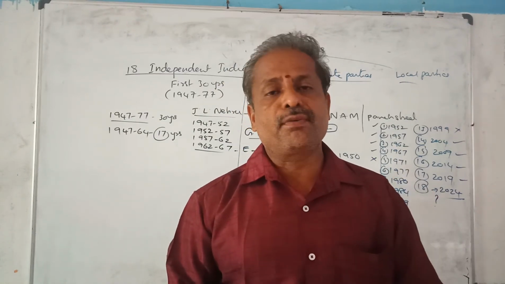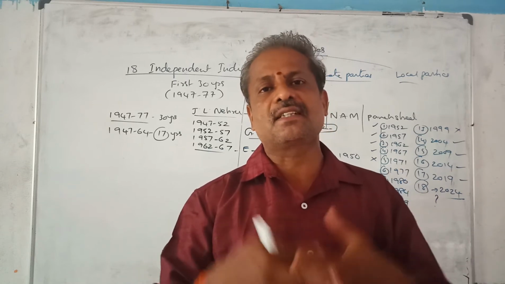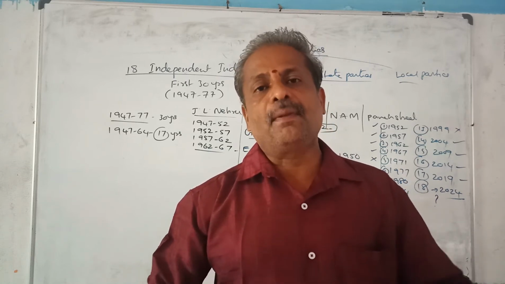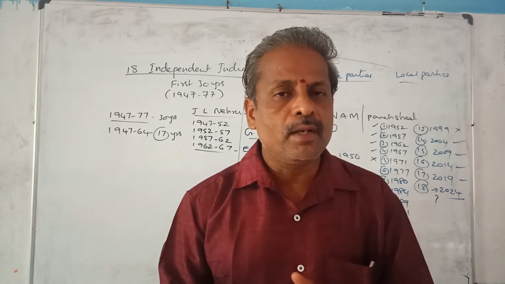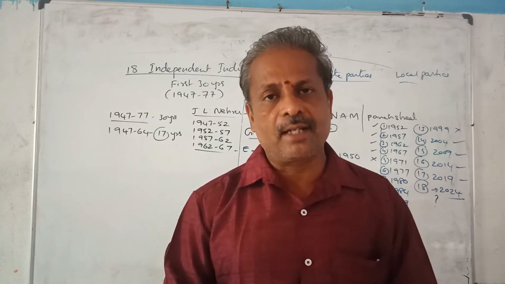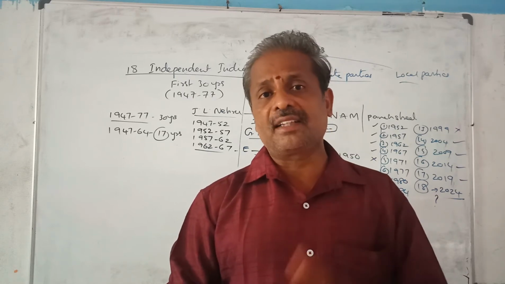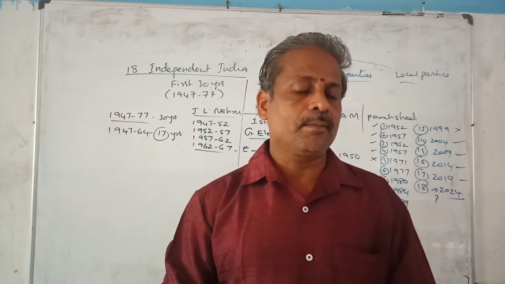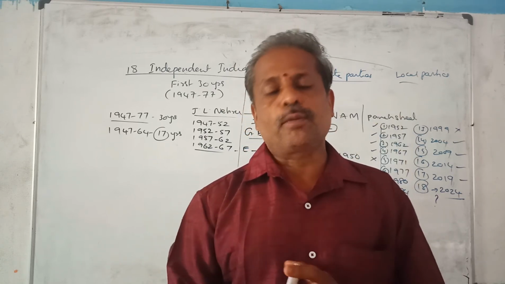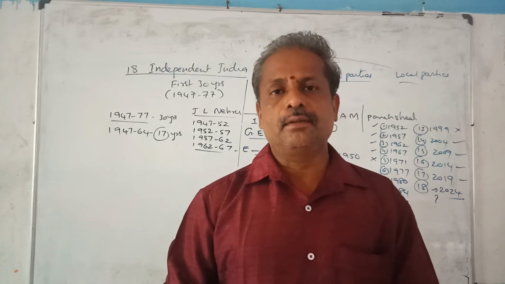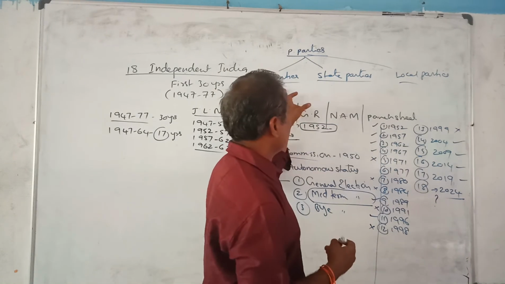So people who have similar collective aims form into a group, and they contest in the election in order to fulfill their aims through power. This group of people is called a political party, and we know there are a number of political parties in our India.